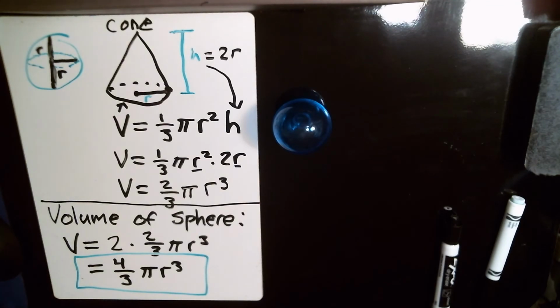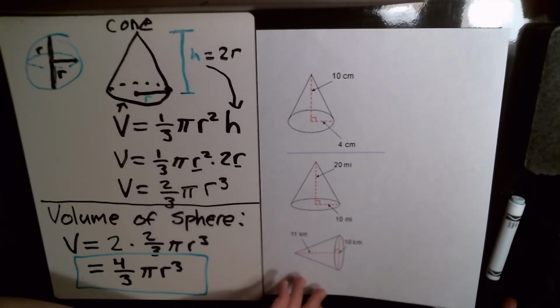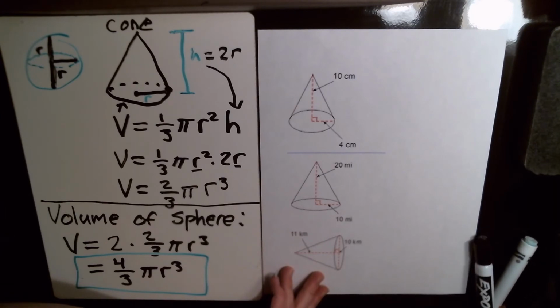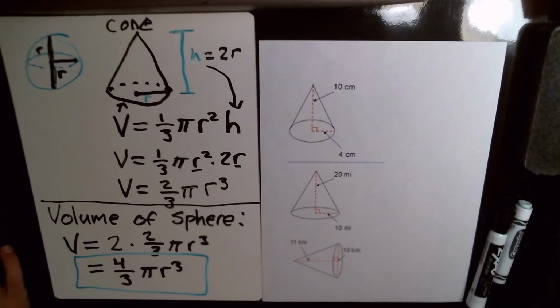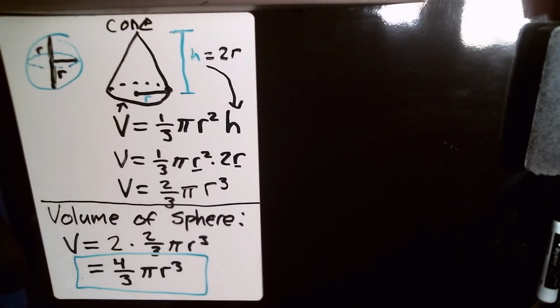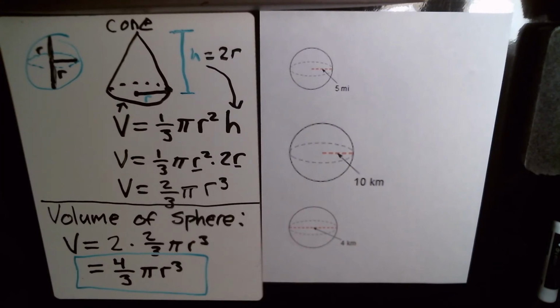Okay, so let's look at some examples of using it. So, to find the volume of the sphere, we use this formula right here, 4/3 pi r cubed.